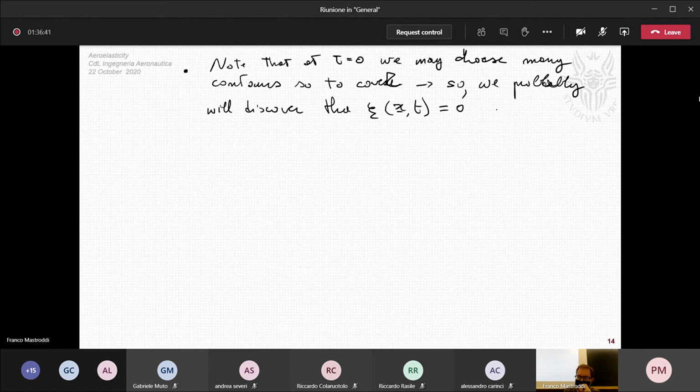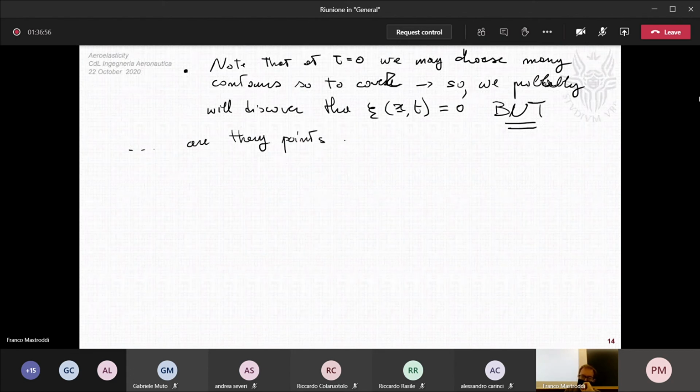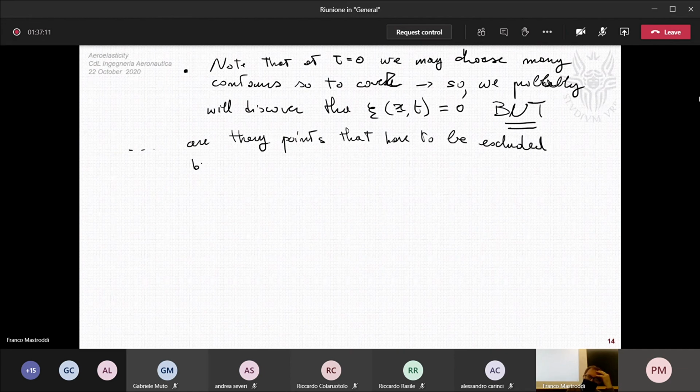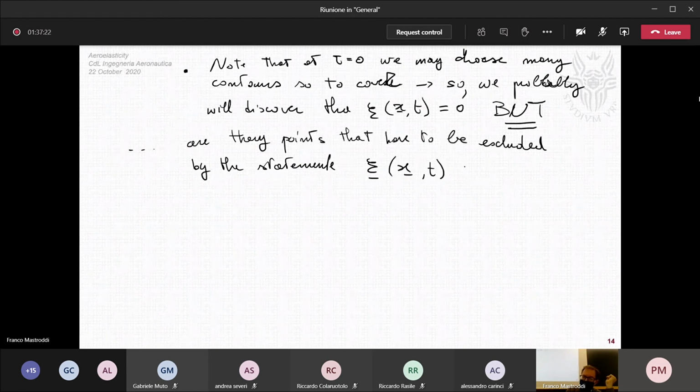But are there points that have to be excluded by the statement zeta x t equal to 0?